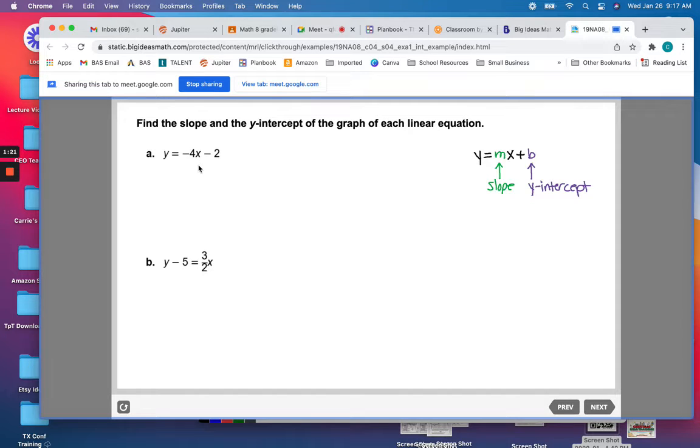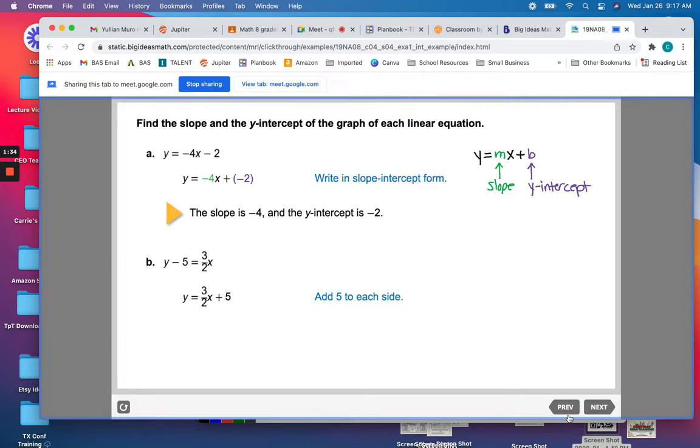The slope is right here in front of x, and the y-intercept is at the end. So the slope is -4, and the y-intercept is -2. Instead of writing this whole phrase out, you can just say m equals -4, y-int equals -2. That's the shorthand for that.